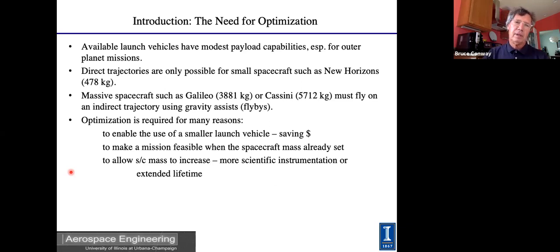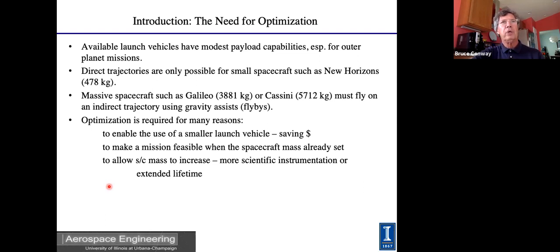Another important feature is that when you optimize, you can trade fuel that you might otherwise have to use for scientific payload. And the scientists, of course, would like to increase the scientific payload.